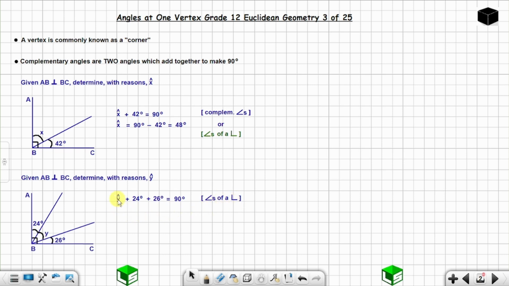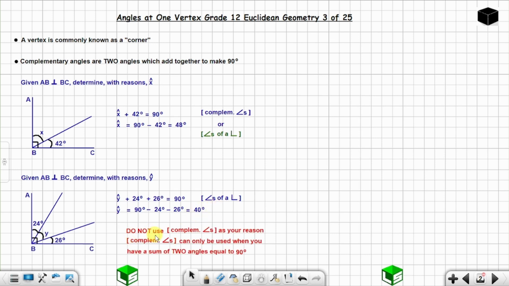We carry on. The angle Y is equal to 90 degrees minus 24 minus 26. This is minus 50, so you have 90 minus 50, and you are going to have 40 degrees.